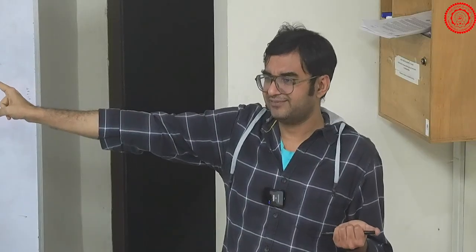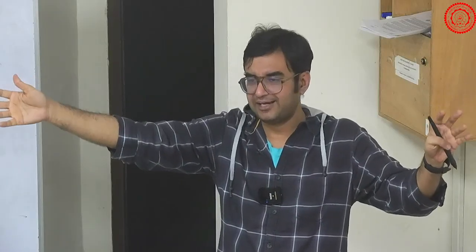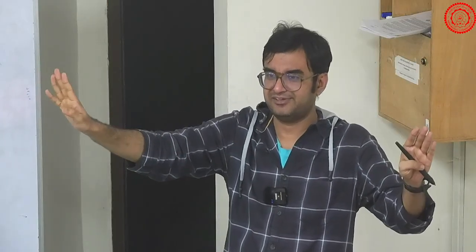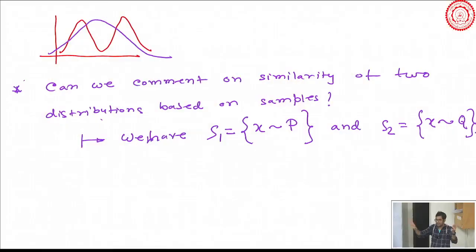We have to make some commentary about the distribution based on the samples, because at the end of the day, it is the distribution which you want to match. So even without computing the likelihood, this will be some distance metric between the two distributions. It need not be likelihood, it need not be KL, but some distance metric between the two distributions that we would like to minimize, right? So it has to be that.